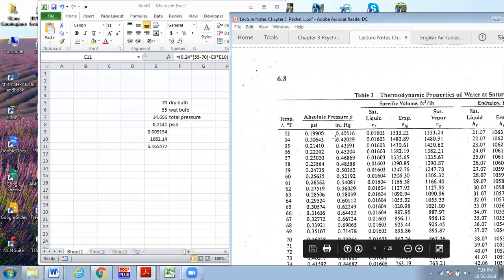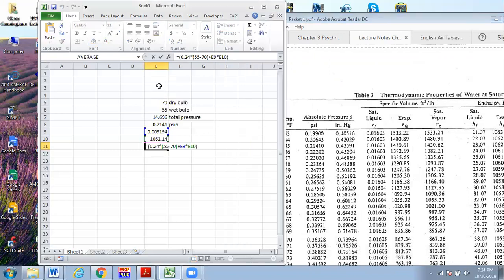And so the enthalpy of the liquid is 23.07. Uh-oh, that ain't good. 23.07.